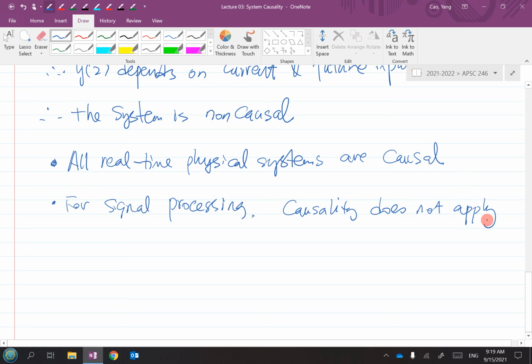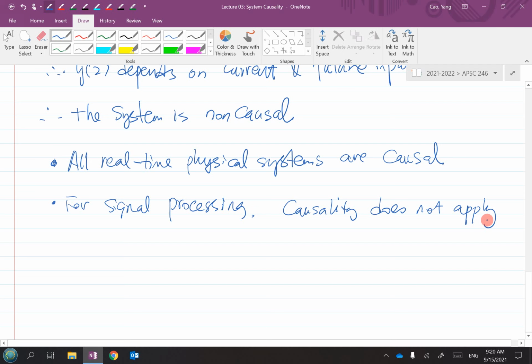If I talk, the computer digitizes the voice and stores it as a file, and then you may use other tools to process this sound. So you're processing a digitized signal which has already passed.